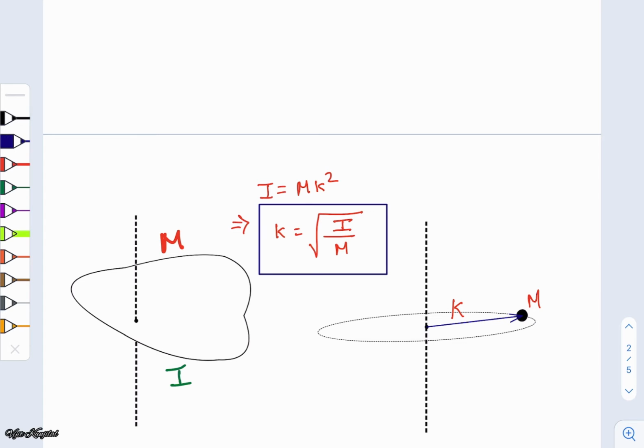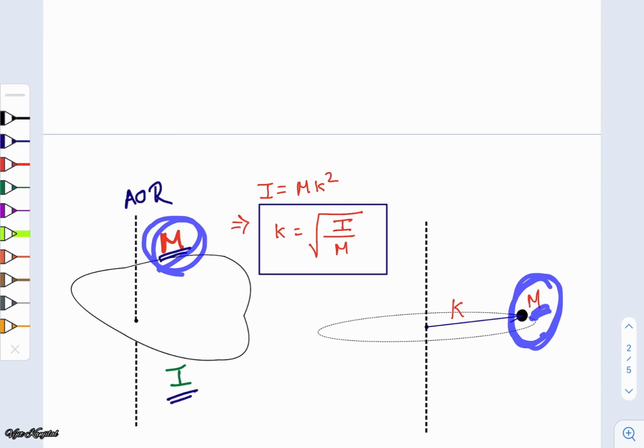So let's jot down what we have learned. We have a rigid body with respect to a particular axis of rotation. Its moment of inertia is I and the mass of the rigid body is m. And we have a point mass whose mass is the same as the mass of the rigid body.